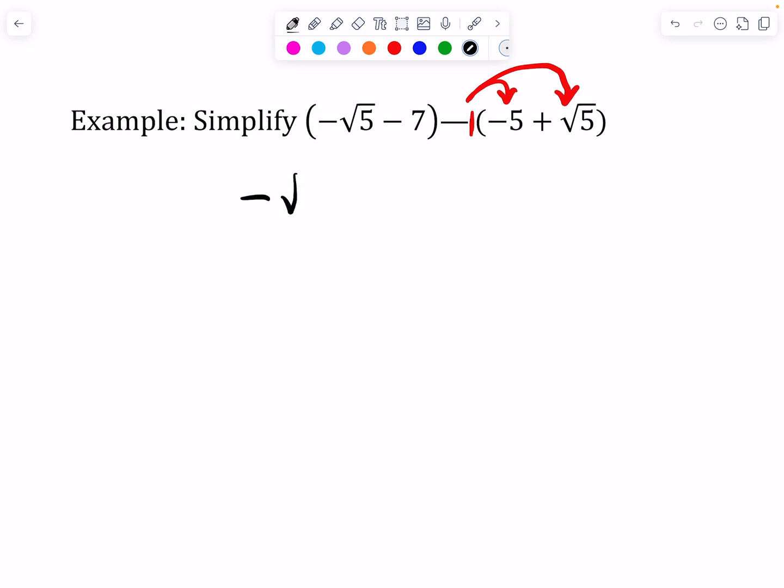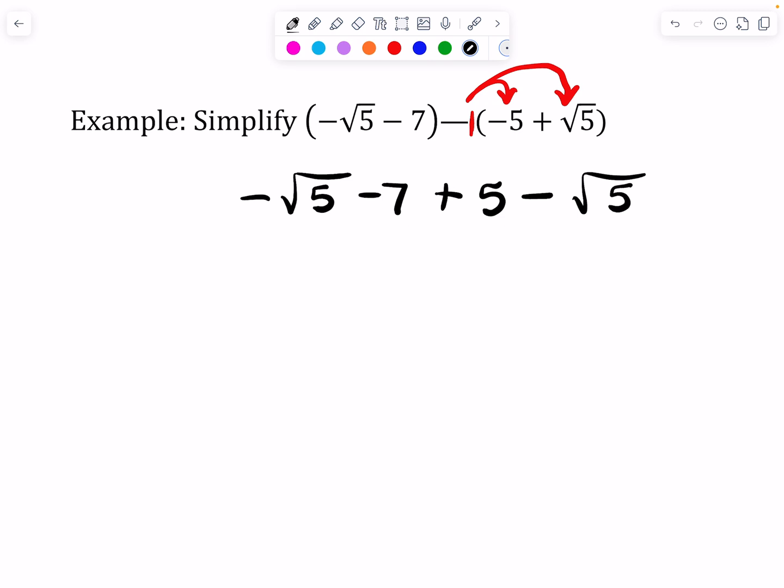So our first parenthesis is going to stay the same. Then we have a negative times a negative, which gives us a positive 5. Then we have a negative times a positive, which gives us a negative square root of 5.